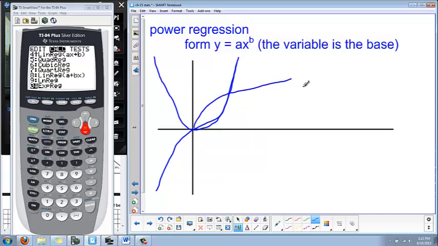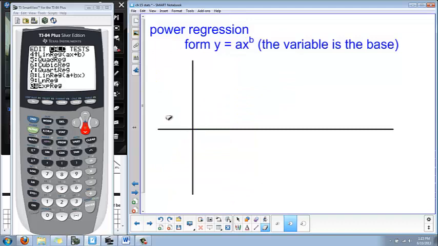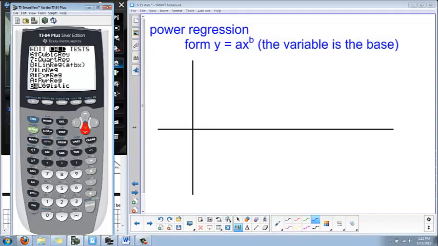That's why I don't really like power, because it's all encompassing, and you're not really going to see very many of that. But if a question said, find the power regression equation, all you have to do is find the power option, which is right there, A, and then it gives you the equation for you.